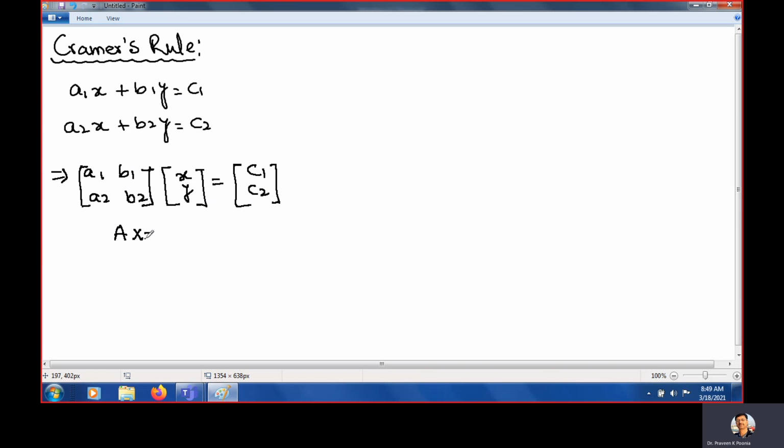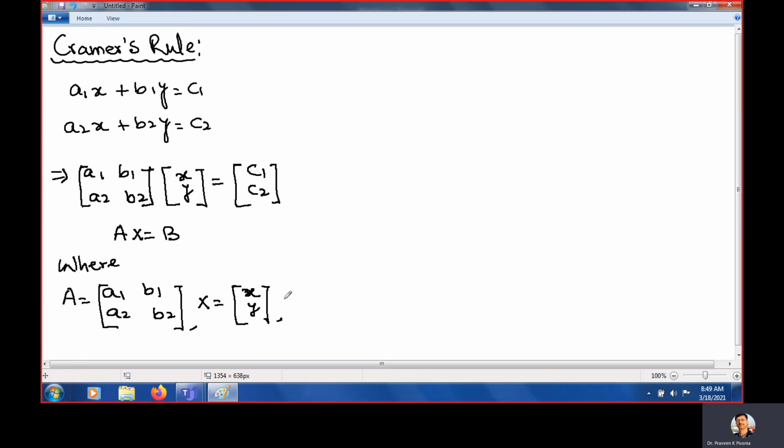That is Ax equals B, where A equals [a1 b1; a2 b2], X equals [x y], and B equals [c1 c2]. This is the standard form of equations in matrix form. Clear?